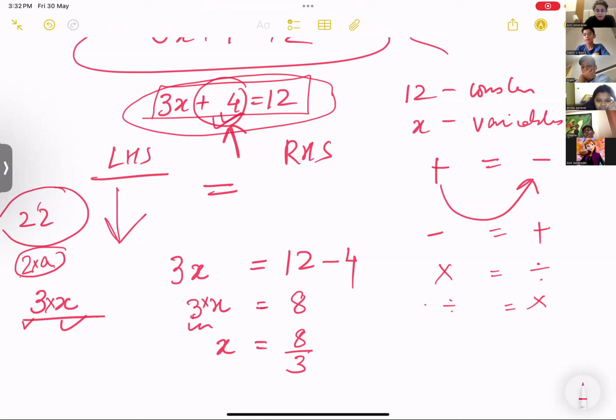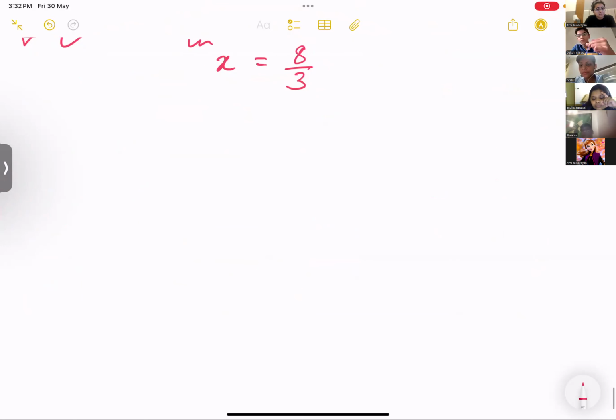Has anyone given me a 2.666? Someone gave me x is 5. 8 minus 3 is 5. Here you had multiplication, so here what will it be? Divide. How are you subtracting, Samaira? This is very very simple. And Grahil, why are you not able to give me an answer here? 8 divided by 3, don't we know division with decimal places?